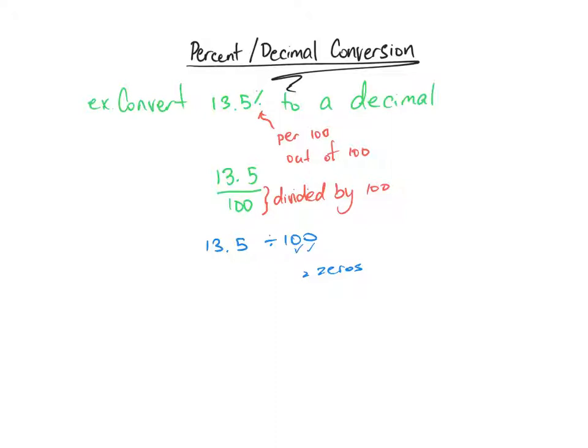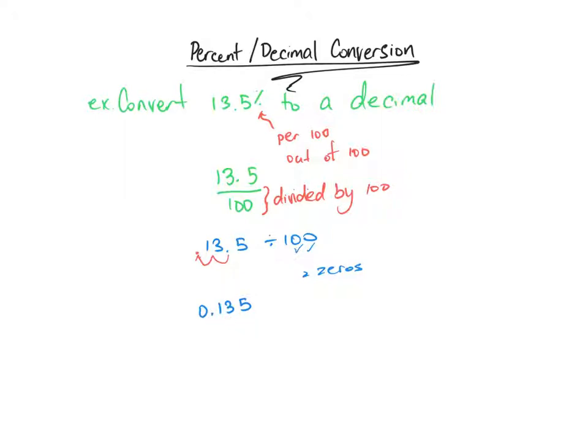So we're going to take that decimal point and move it not 1, but 2 places to the left, and it will create a new decimal point. And so when we convert 13.5% to a decimal, we get 0.135. And again, that decimal point is right here because we moved it from here 2 places.